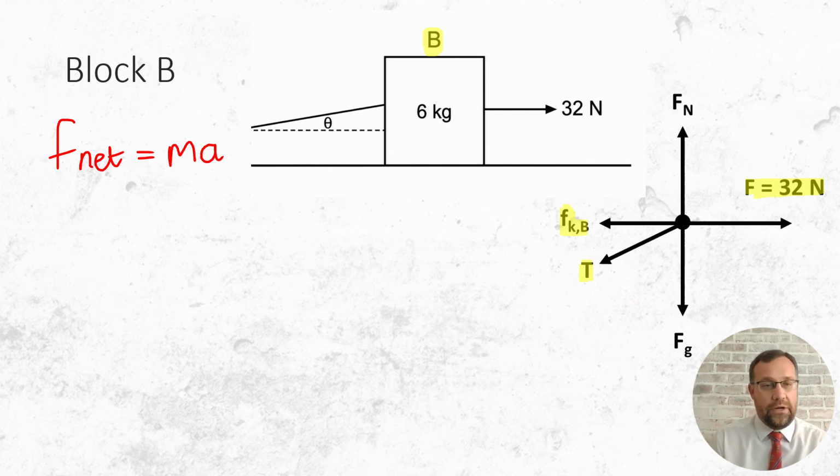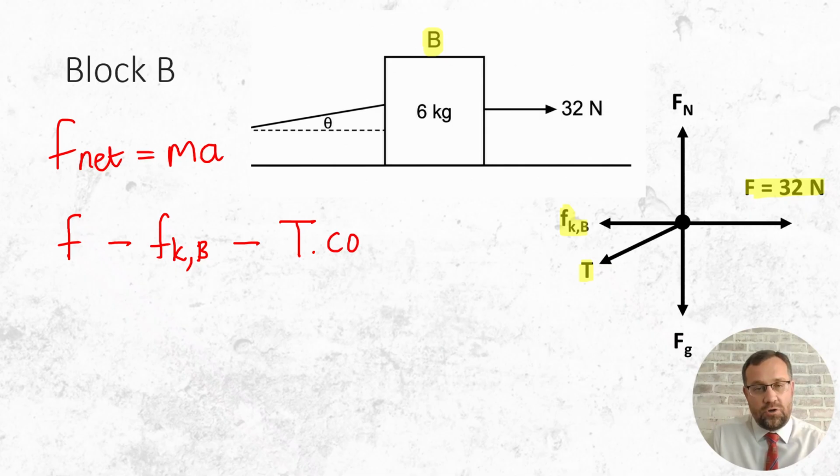So we can rewrite F net as F minus FKB minus T times cos theta equal to ma. We can now substitute the known values.